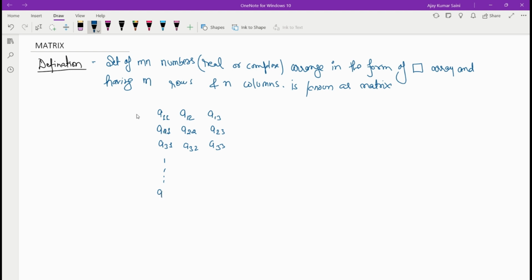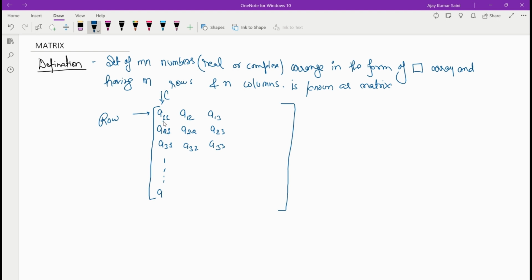So this is a row, and this is a column. A matrix is always written with these brackets. Here these are rows: first row, second row, third row.